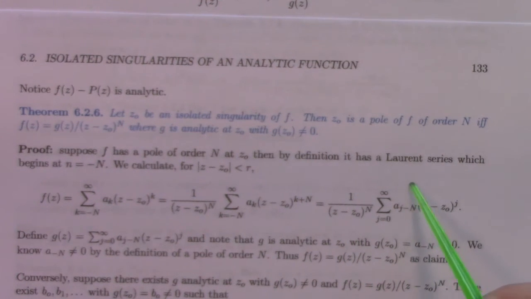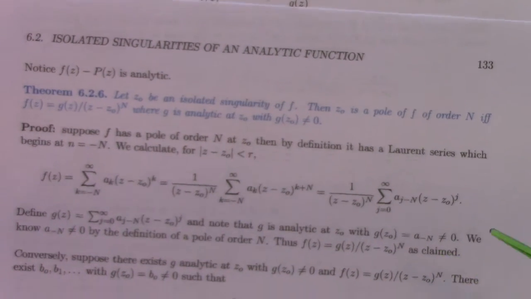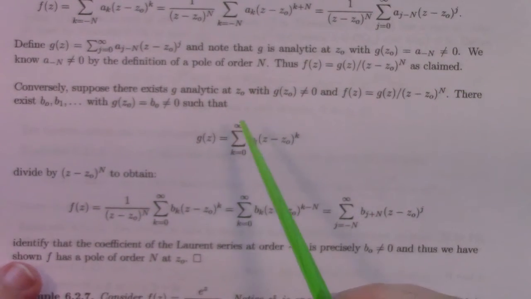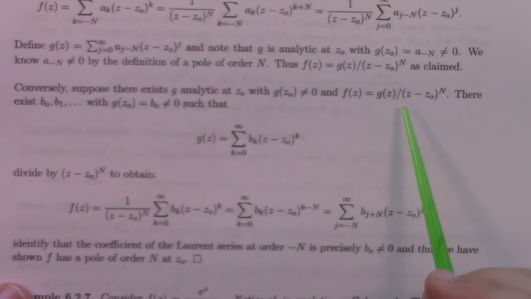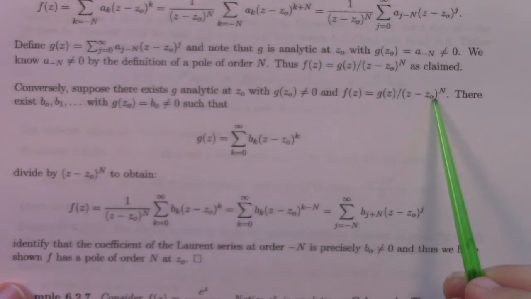This is just an analytic function at z naught, and its constant coefficient is a sub minus n, which is not equal to 0 by assumption. Therefore, f of z is equal to an analytic function divided by z minus z naught to the n, as claimed. That's the one direction. Conversely, if there is g which is analytic with g of z naught not equal to 0, and f of z is equal to that, right?